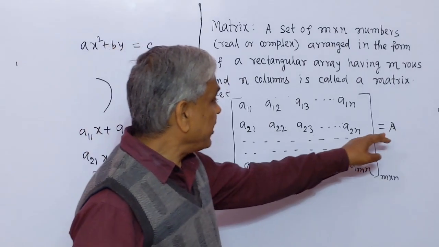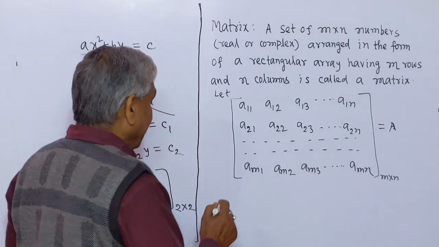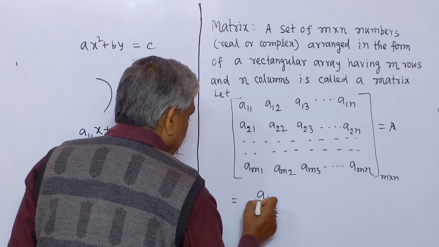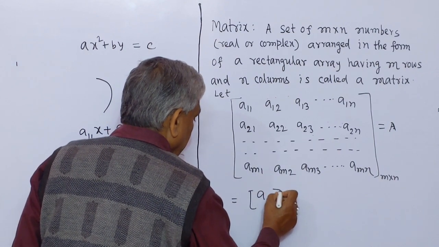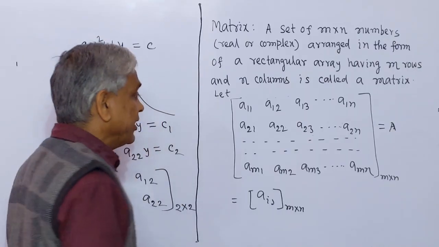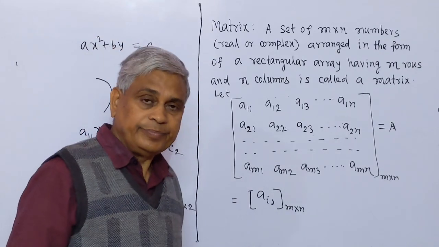This is denoted by capital A. We may also write this as Aij in short, m by n, meaning this matrix is of size m by n.